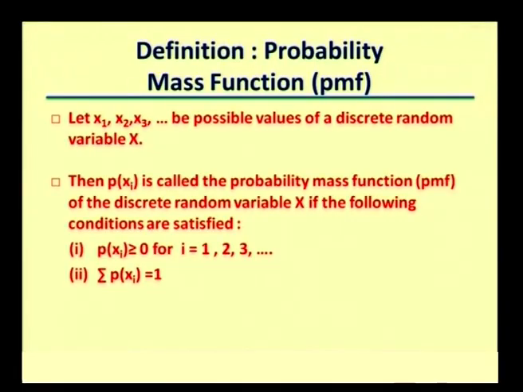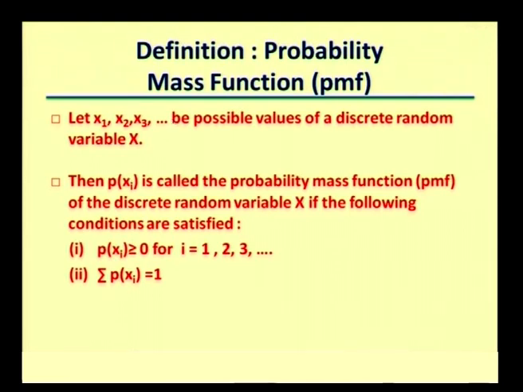First of all, let us see the definition of probability mass function. Let x1, x2, x3 be possible values of a discrete random variable x. When you are defining the values of discrete random variable, you must write in this way only, comma x1, comma x2, comma x3, like that. You can't define the values in an interval, then it becomes continuous.